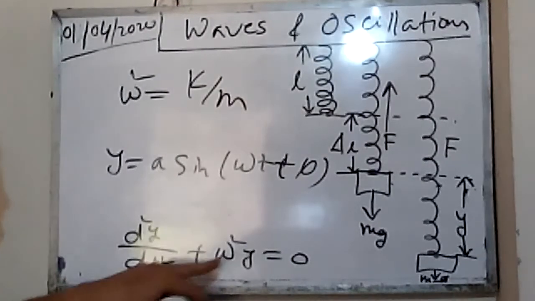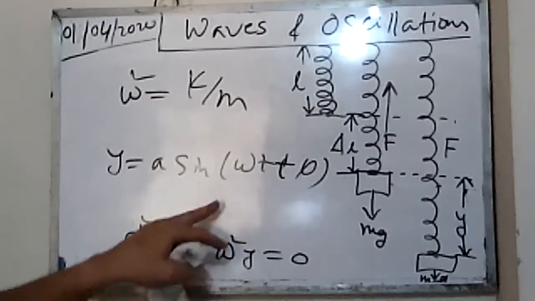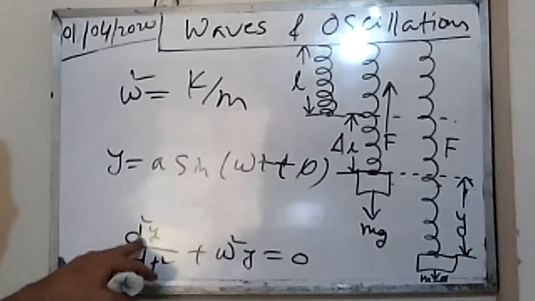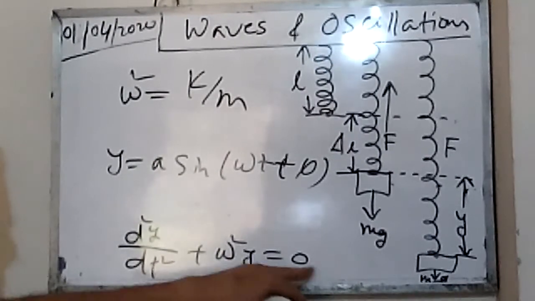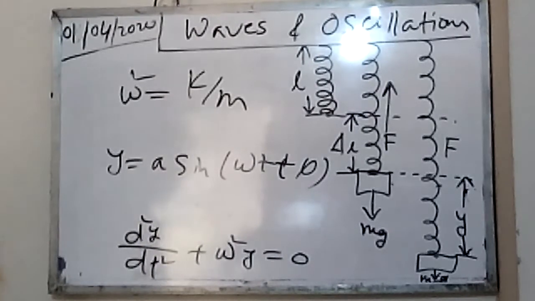And d square y by dt square plus k by m y equal to 0 is also the differential equation of simple harmonic motion.